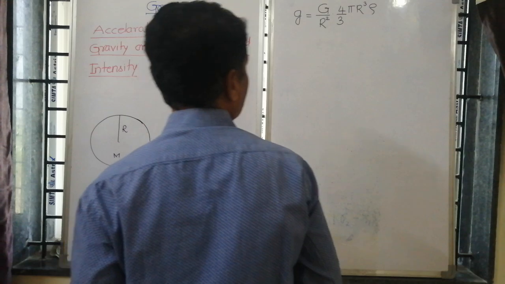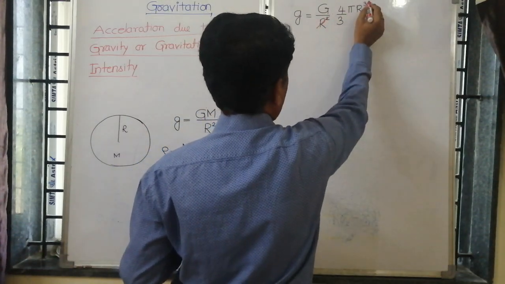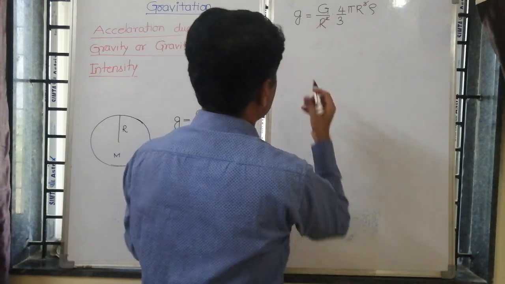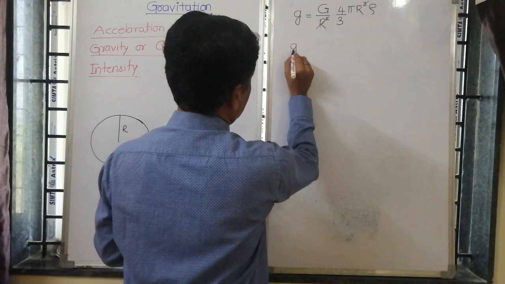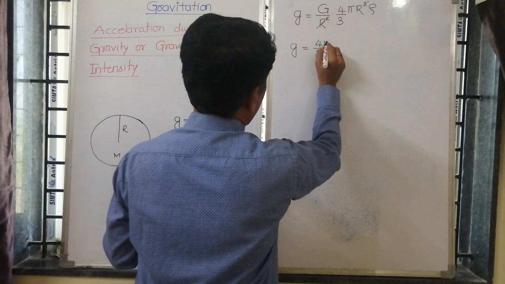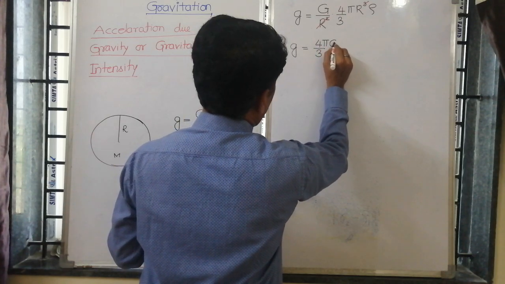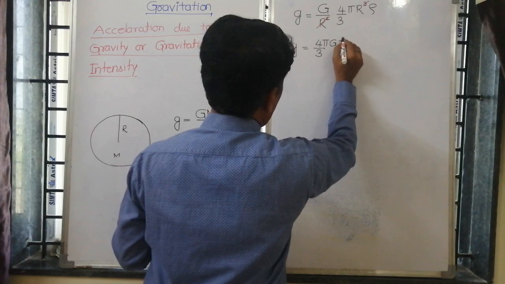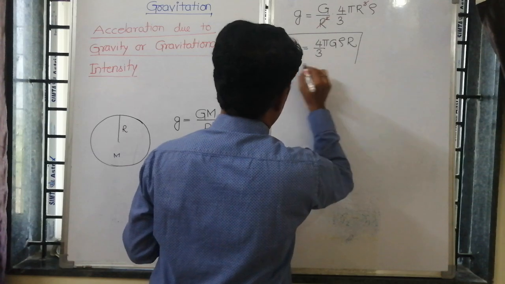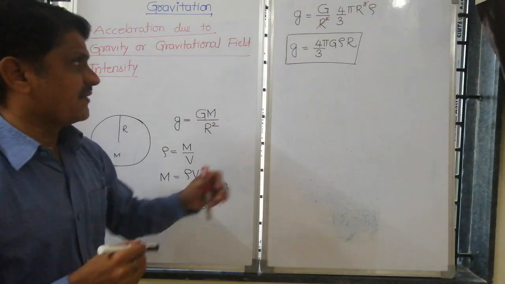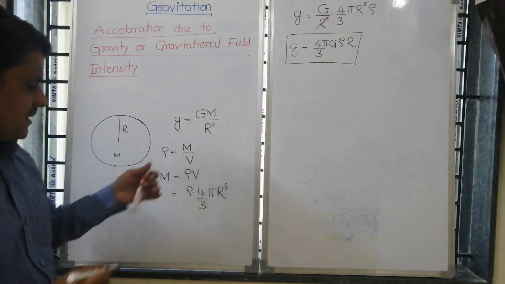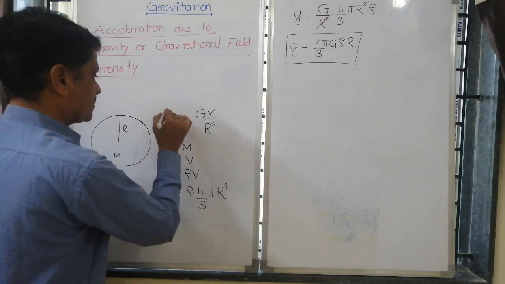Here this r square and this r cube get cancelled, only r is left. Then g can be written as 4 by 3 pi G rho r. This is also the expression for acceleration due to gravity in terms of density. The earlier one is the expression for acceleration due to gravity in terms of mass.